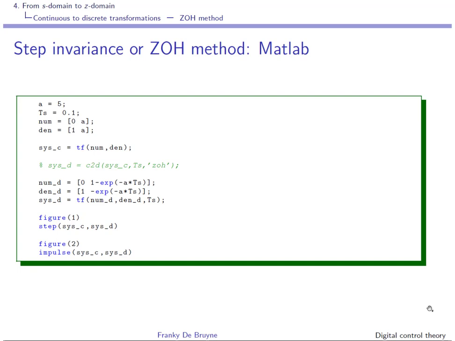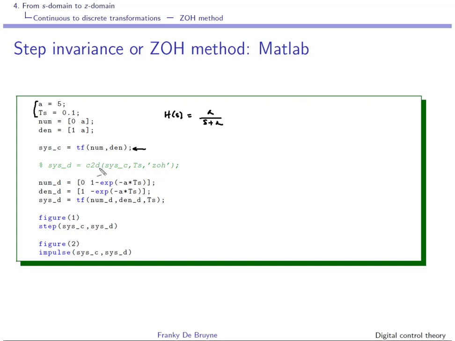So again, we can test our results in Matlab. So this is our transfer function. H of s is a over s plus a. We've chosen the same a and Ts. This is how you introduce or code the system in Matlab.